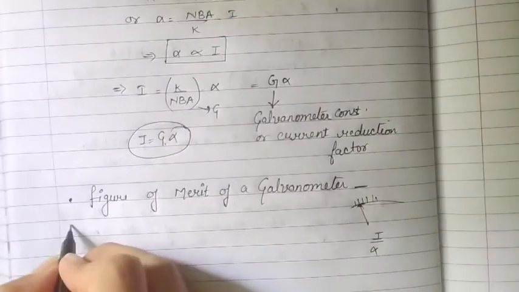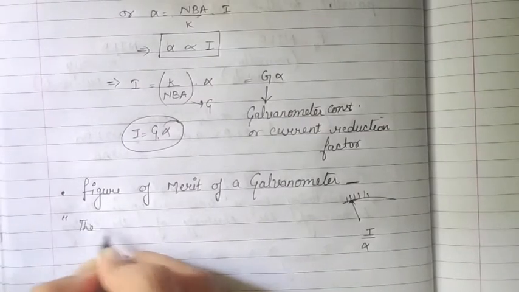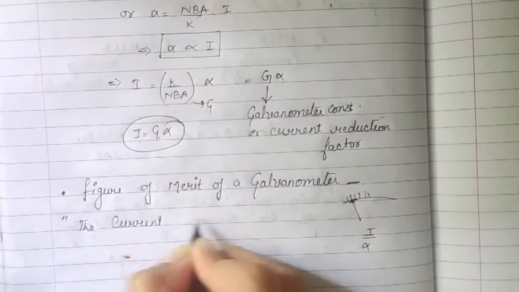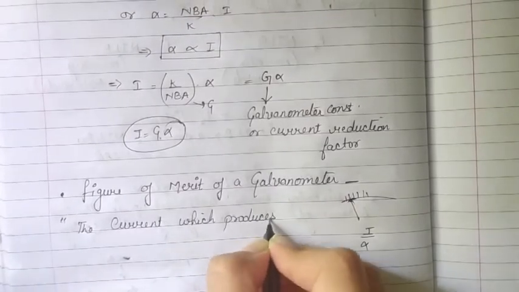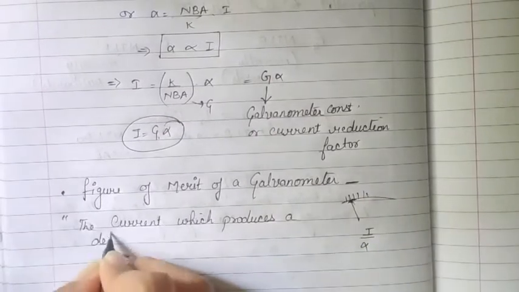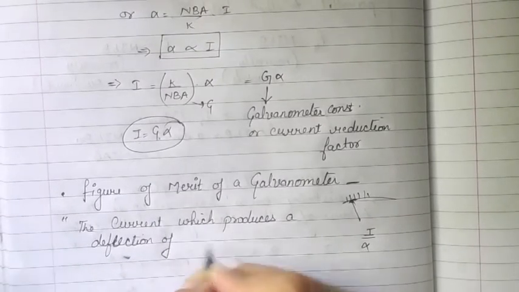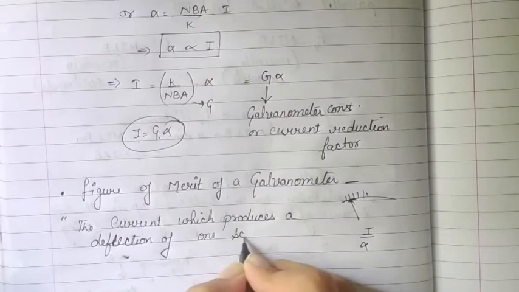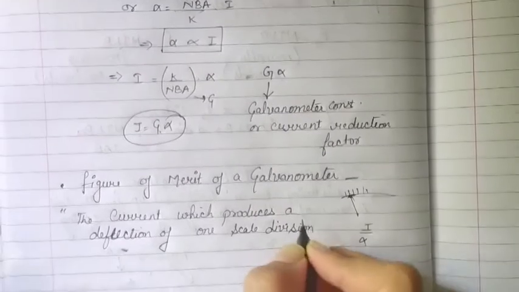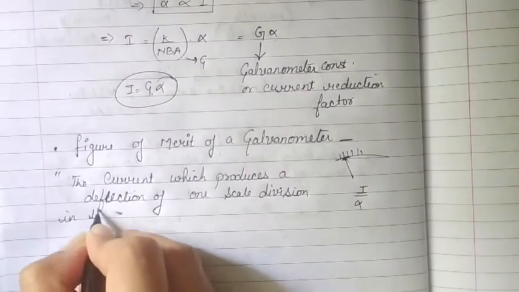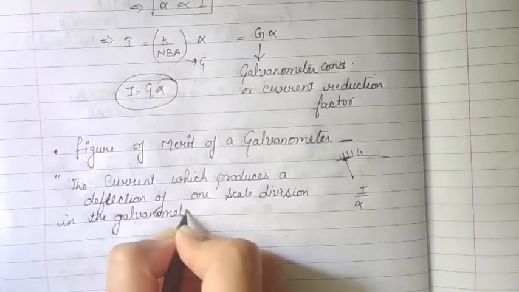So we can write the figure of merit as the current which produces a deflection of one scale division in the galvanometer, right?